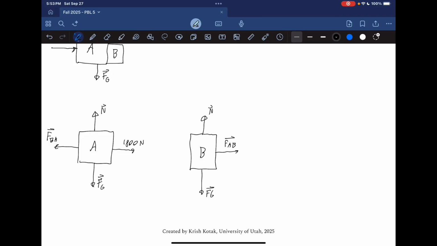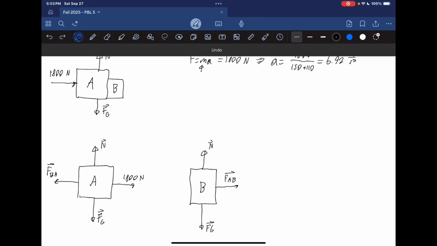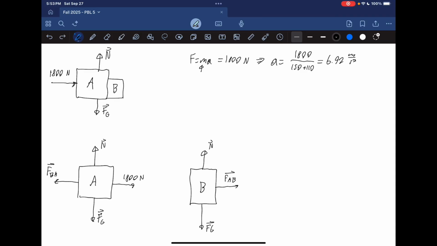The reason that the force of A on B points to the right, whereas the force of B on A points to the left, is, again, just simple contact forces. If we look at this here, you notice that B is on the right of A, which means A is on the left of B, and the forces have to counteract each other in those directions.